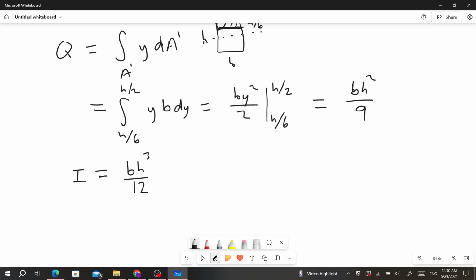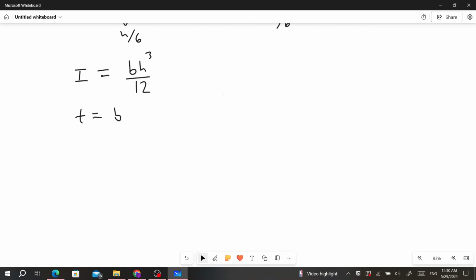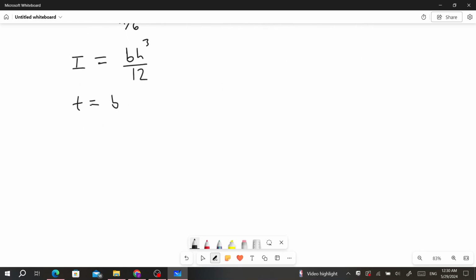Just write out that we know that I is bh cubed over 12. And then finally, in the equation for our shear stress, we need that beam width, that's the lowercase t in the equation, and that's equal to b. Now we have everything we need to solve for the shear stress at that location A.